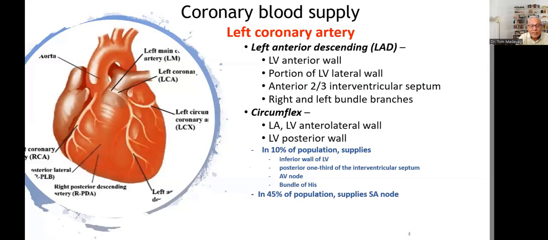The left anterior descending coronary artery supplies blood to the anterior surface of the left ventricle and part of the lateral surface of the left ventricle, as well as the anterior 2/3 of the interventricular septum.